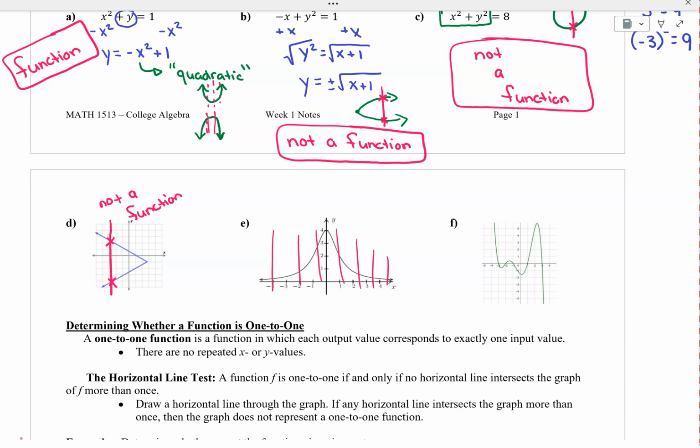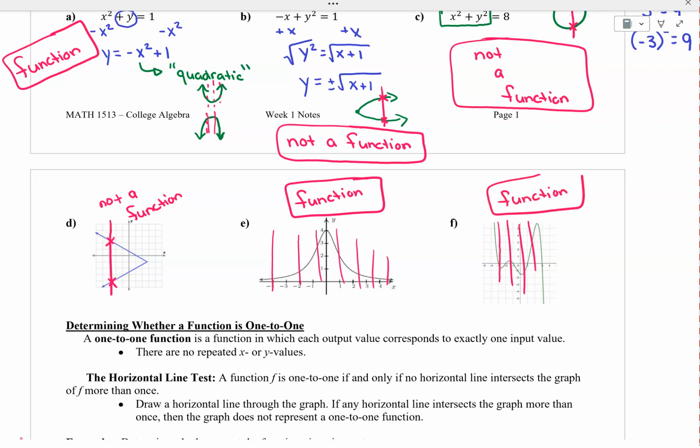Doesn't matter where I draw this. This one will be a function. Okay, so let's look at this one. I could draw it here, here, here, here, and only cross it once. So therefore, this one is a function.